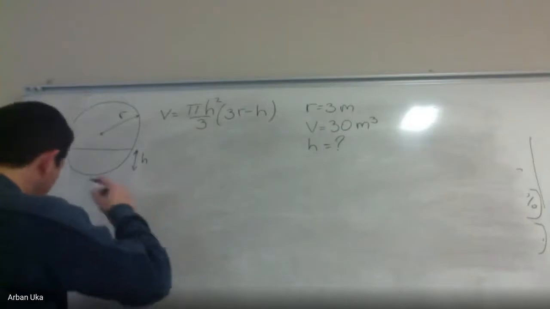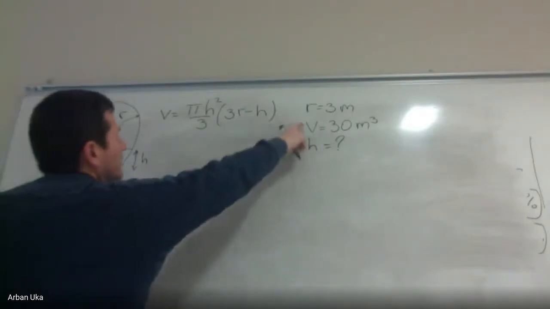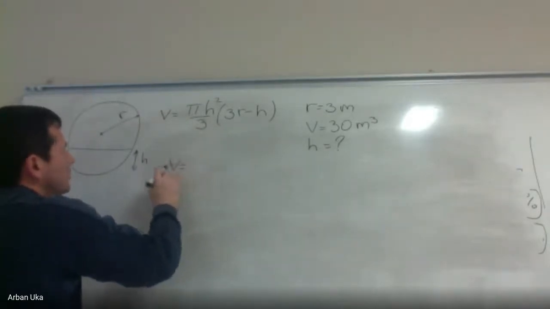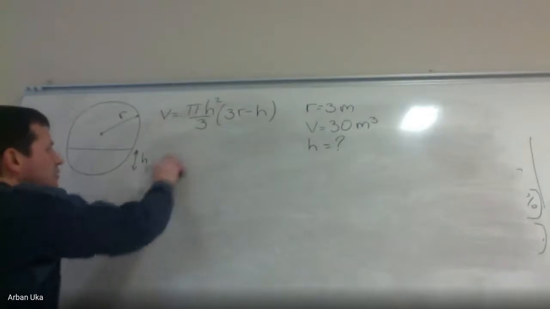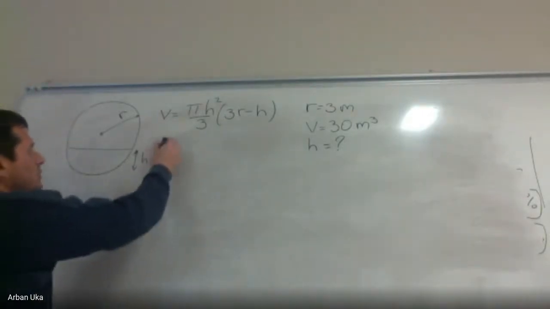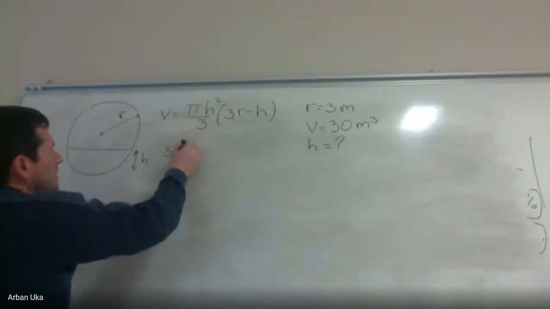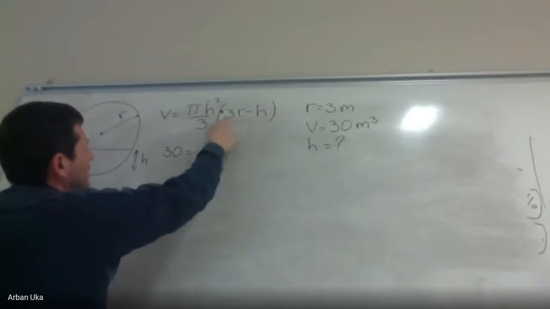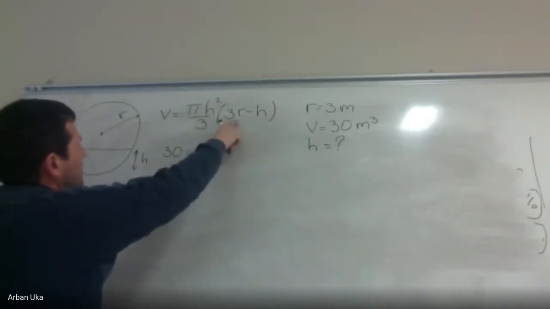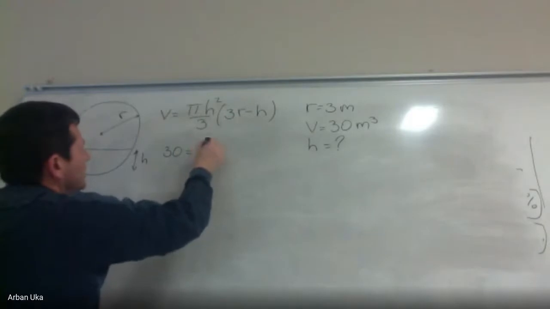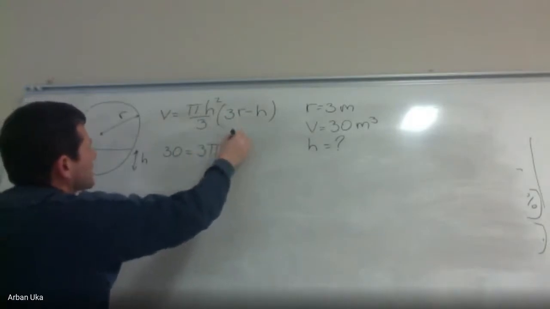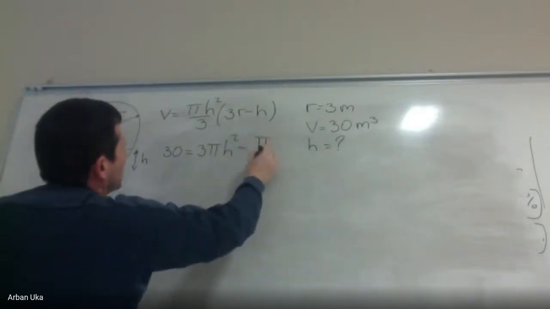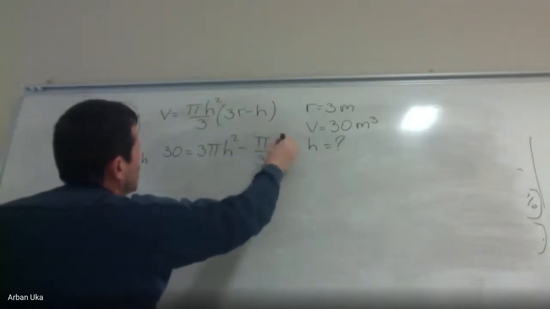If we substitute the values that we know, r is 3 and the volume is 30, and h is unknown, we get 30 equal to 3 times 3, 9, divided by 3, so 3 pi h squared, minus pi over 3 h cubed.